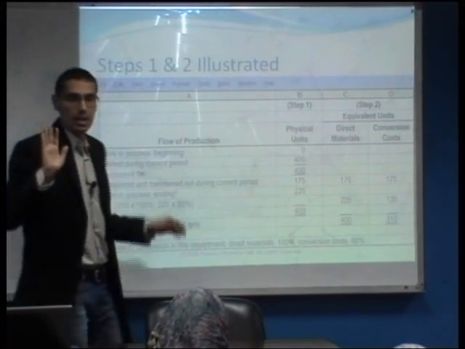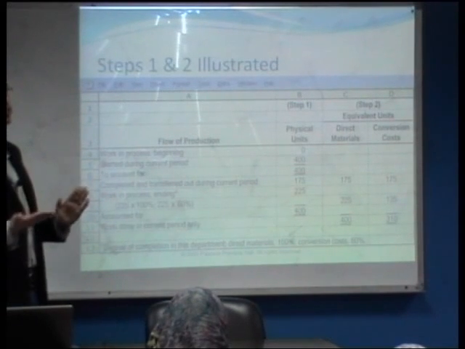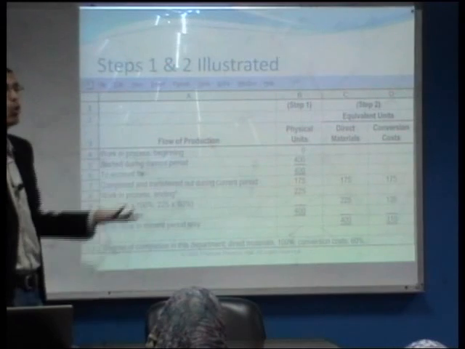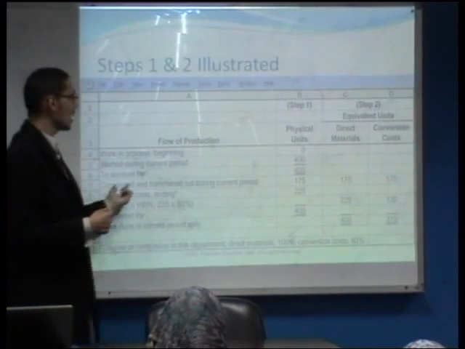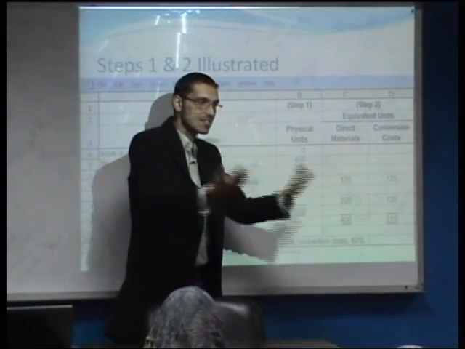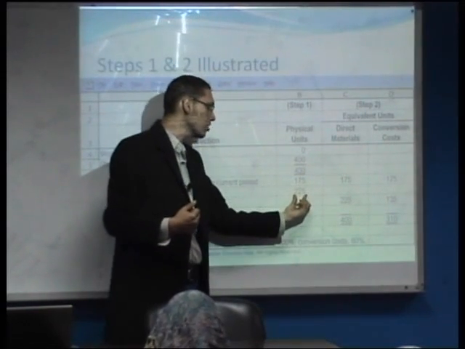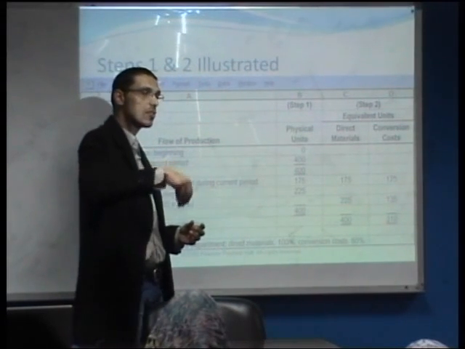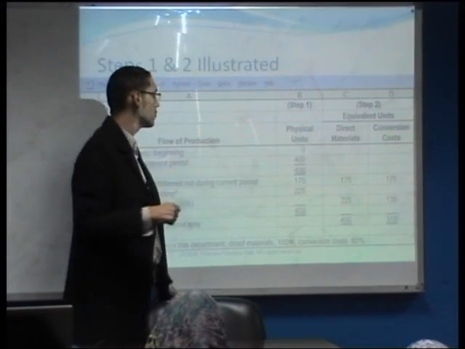Any questions? Now let us answer the second question. Where did these 400 units go? First of all, 175 were completed and transferred out to the testing department, while 225 are still in the manufacturing process within the assembly department at the end of February.